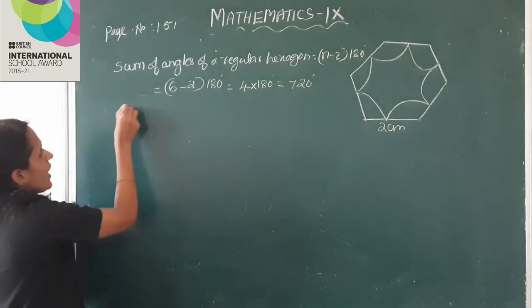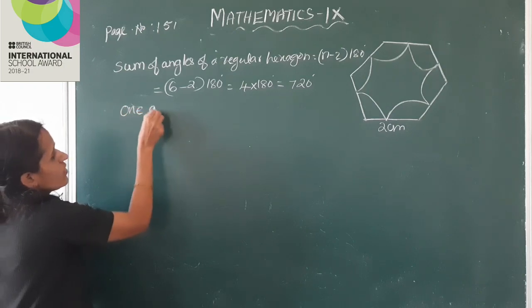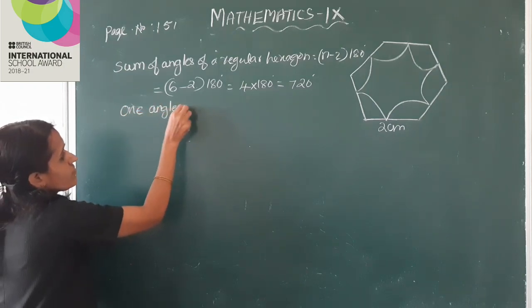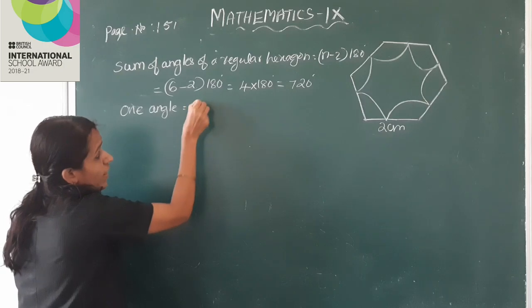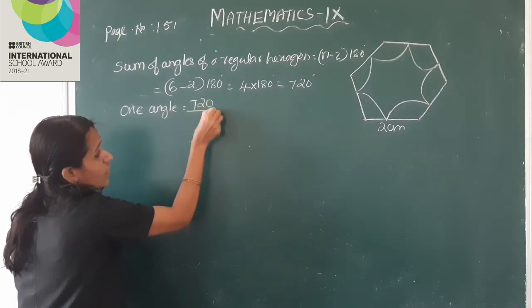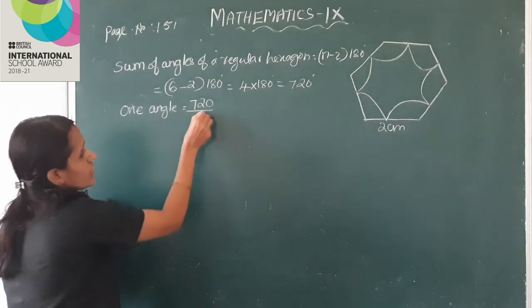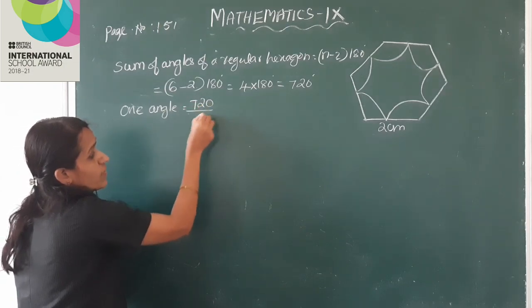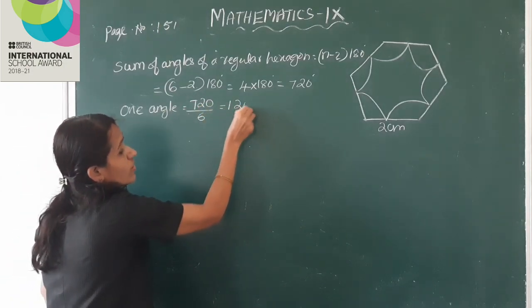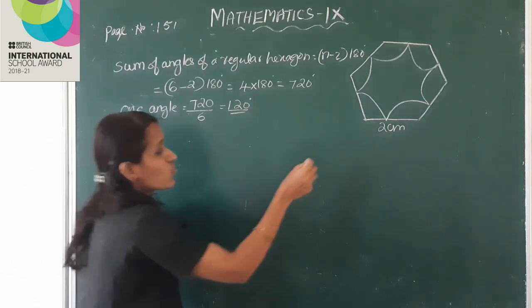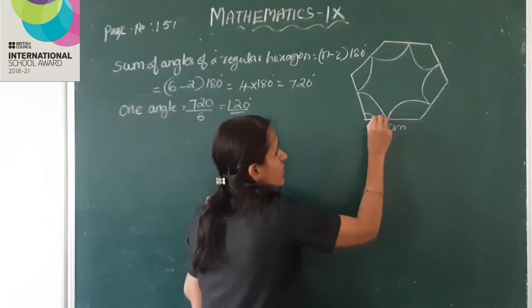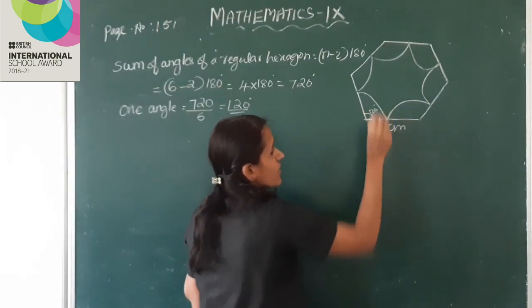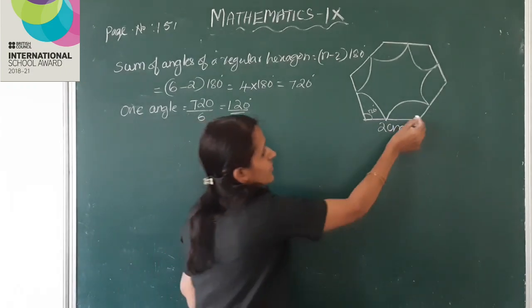Okay, one angle is equal to the sum of angles divided by the number of sides, that is 6. 720 divided by 6 is equal to 120 degree. So one angle of a regular hexagon is 120 degree.